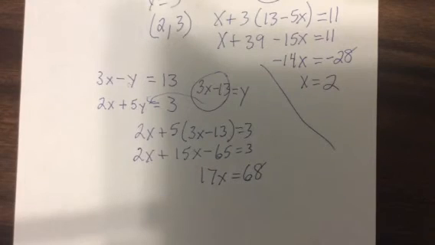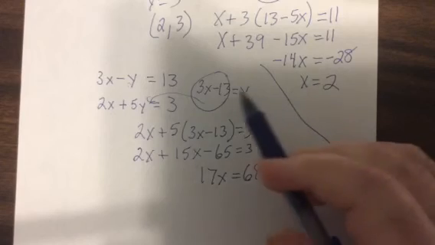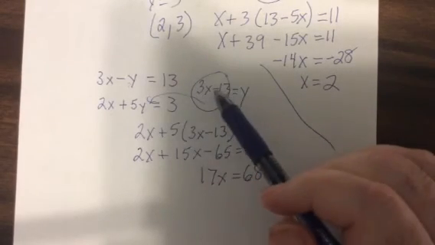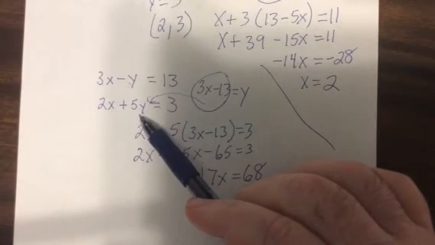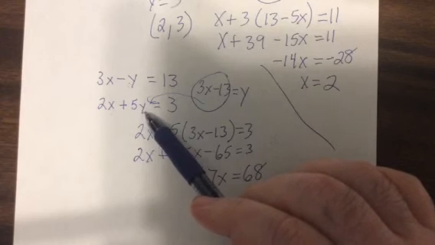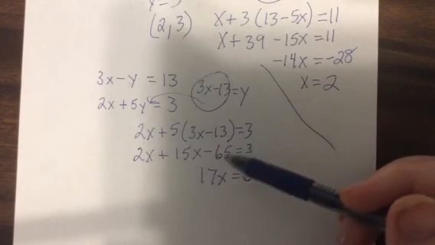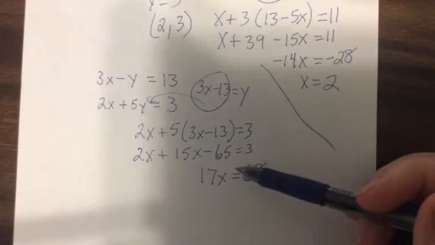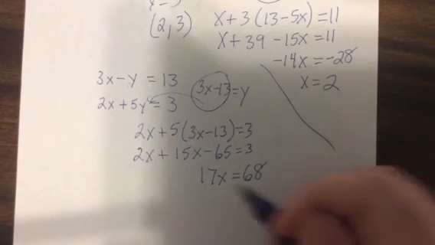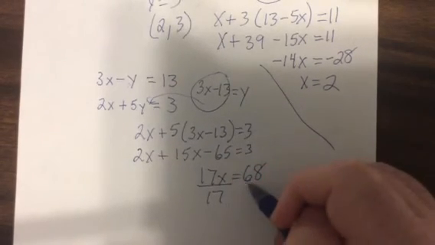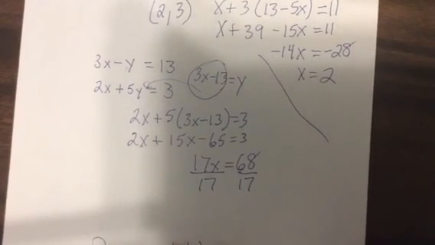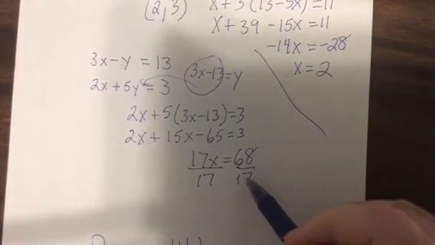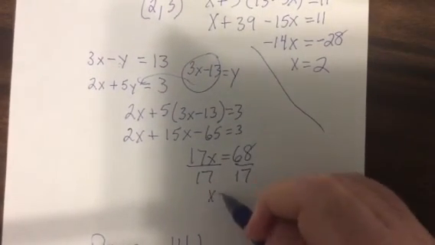Woohoo! Did I mess up? I hope not. 5 times 13 is 65, so that would be 15x minus 65. So let's see. Does that work out? 68 divided by 17 is 4. Hey, I lucked out there.